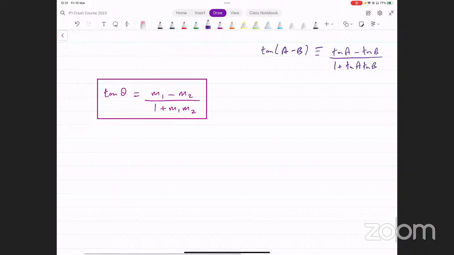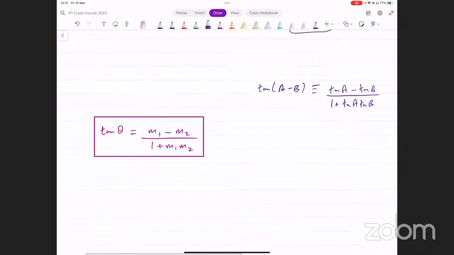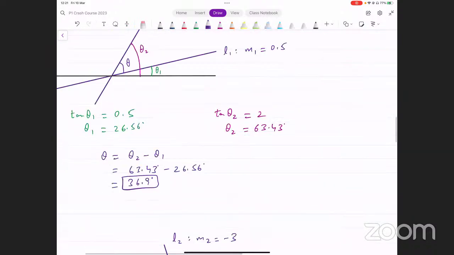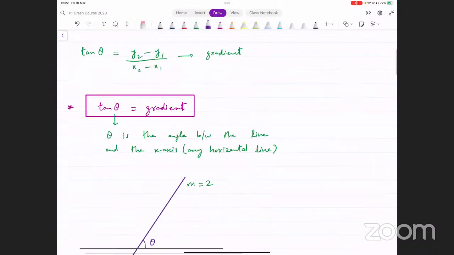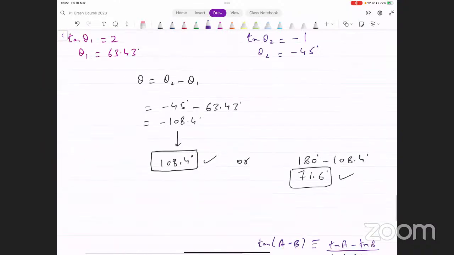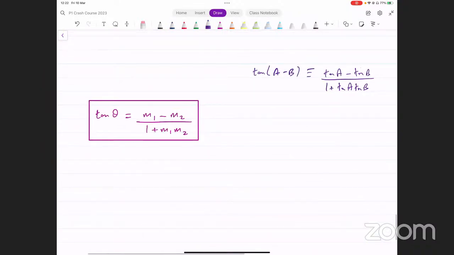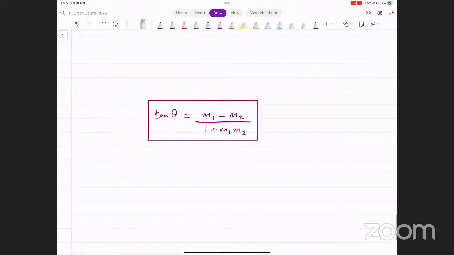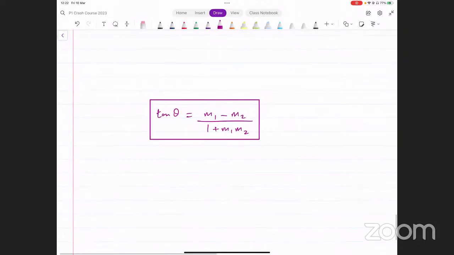This formula actually comes from that, all right? So it uses this previous formula, and then when we do the subtraction and simplify that, it can be converted to a form like this. So you can actually use this formula directly if you want, if you can memorize this.